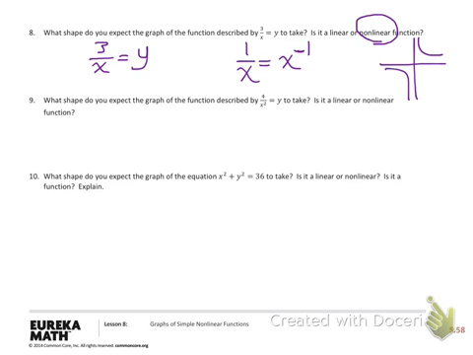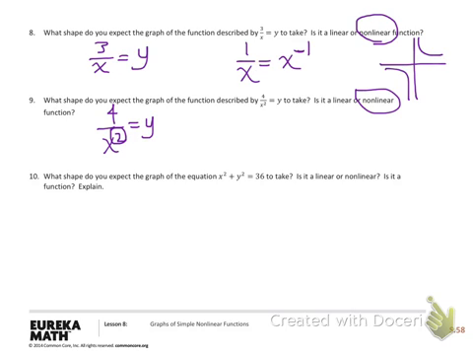Okay, so let's do the next one. 4 over x squared is equal to y. Okay, well that one is definitely nonlinear, right? Due to the exponent, and that's actually a negative 2 exponent on the x variable. So it's going to lead to a nonlinear equation.